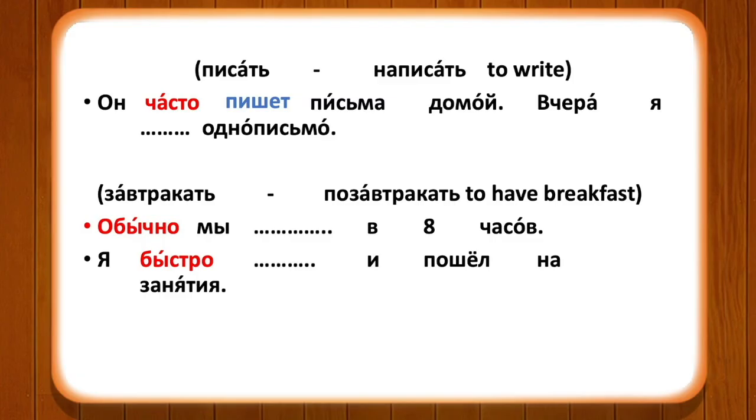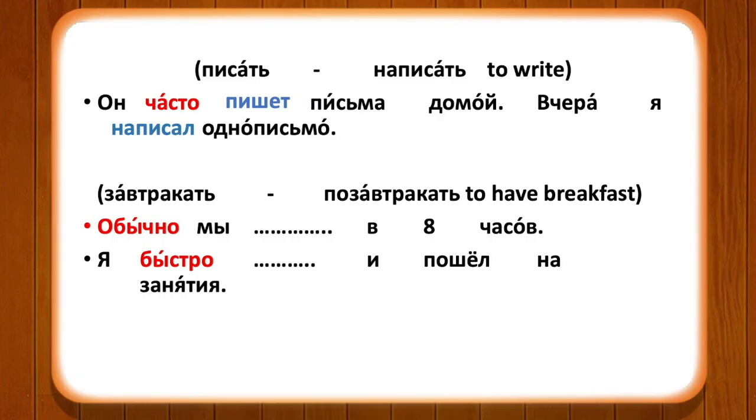So the tense will be past tense here. So вчера я написал одно письмо, or вчера я написала одно письмо. Both would be correct depending on the gender of the pronoun я. If it is a boy, it can be я написал. If it's a girl, it can be я написала. So past tense form of the verb of perfective aspect.